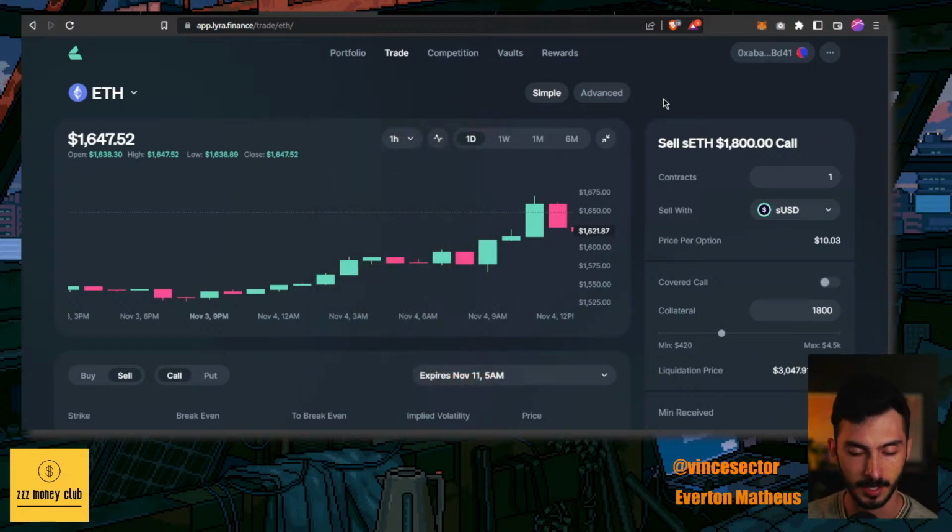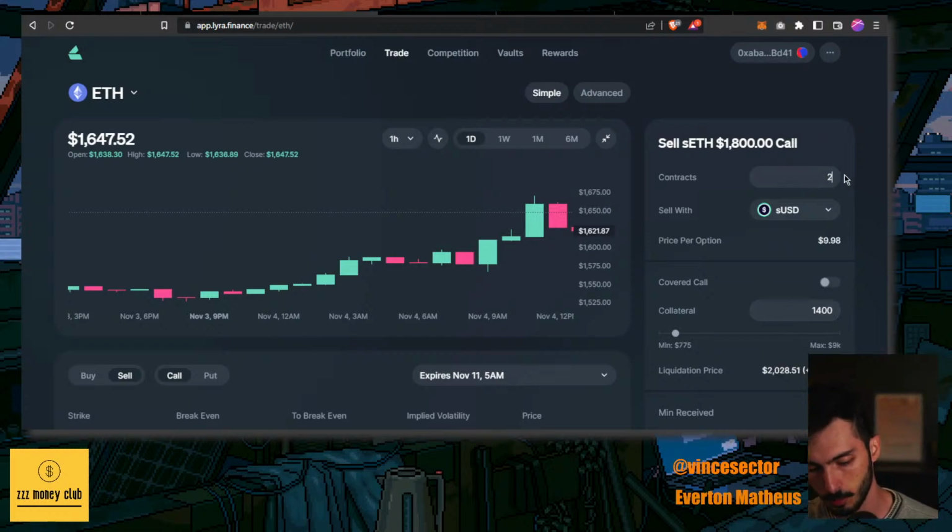I risk a little bit more. So for example, I want to put 1400 in collateral, and we're going to go, let's say 2.5, maybe 2.4. Let's see, 2.4.